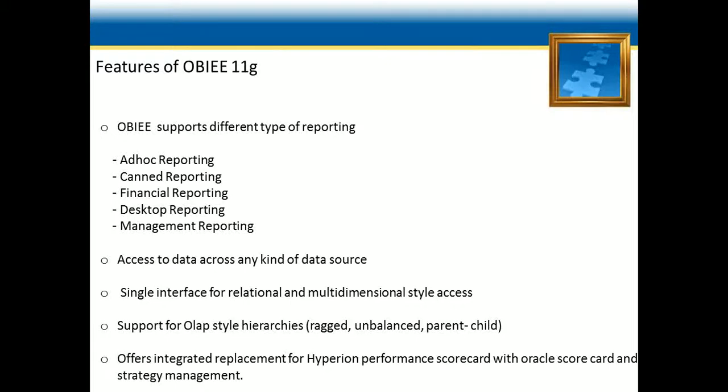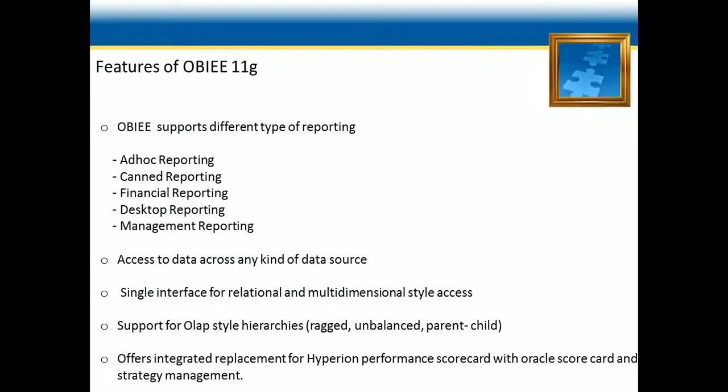So here I will be explaining the features of OBI 11g. What features does OBI 11g have? OBI supports different types of reporting like ad hoc reporting, canned reporting, financial reporting, desktop reporting, management reporting. What is ad hoc reporting?